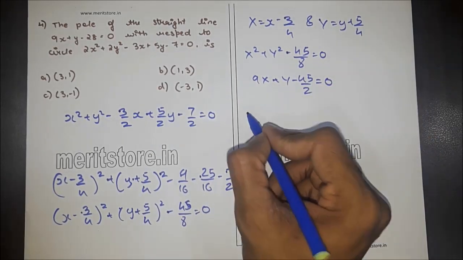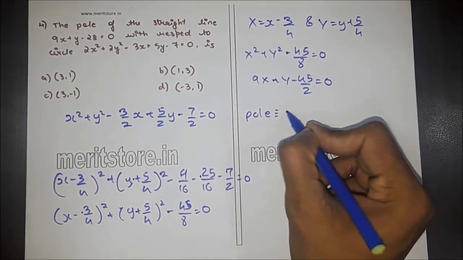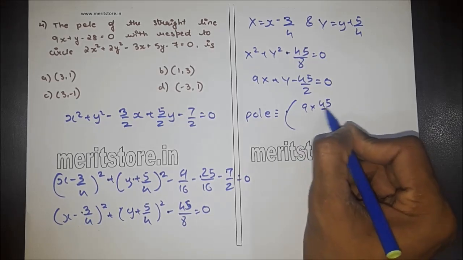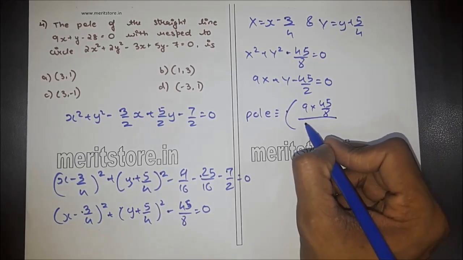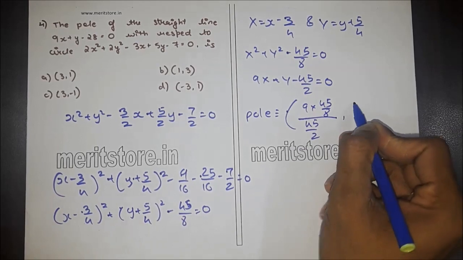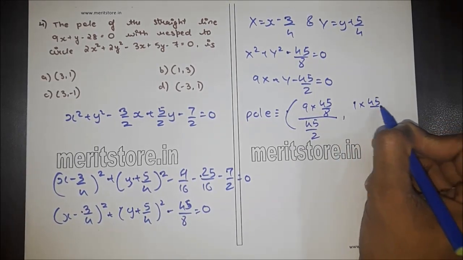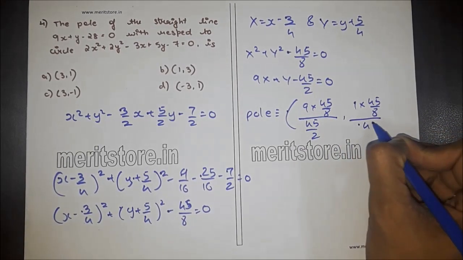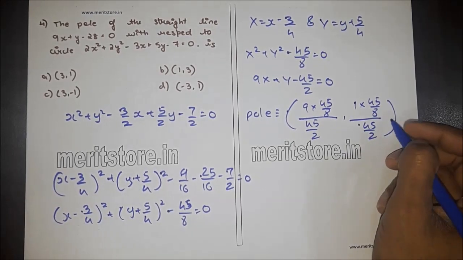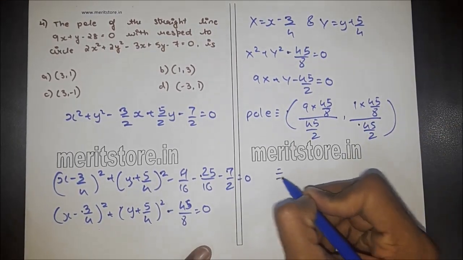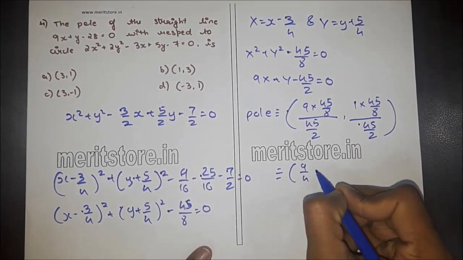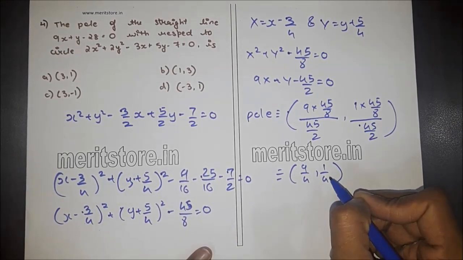Hence the pole is (9 times 45/8 upon 45/2, 1 times 45/8 upon 45/2). Solving this, we get 9/4, 1/4.